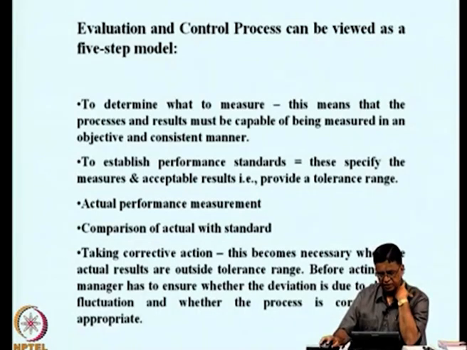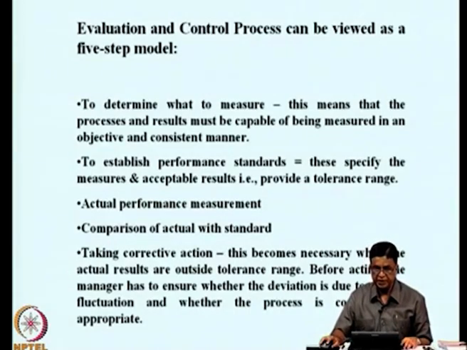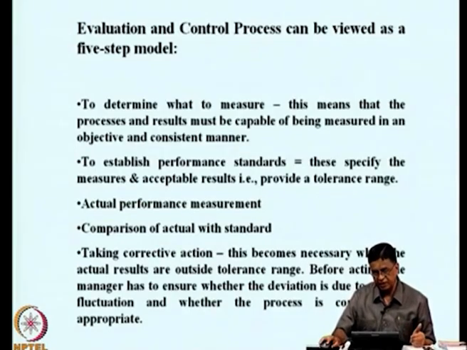Then the third one, the actual performance measurement, then comparison of the actual with the standard becoming the fourth step, then the fifth step is the taking corrective action. So, the fifth step, that is taking corrective action, becomes necessary when actual results are outside the tolerance range.